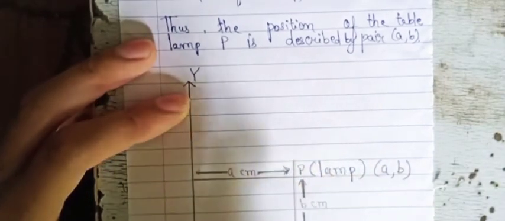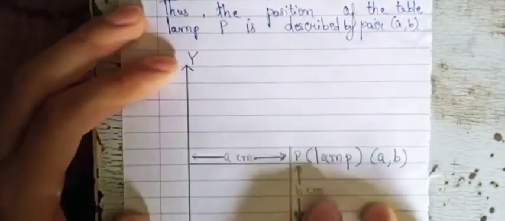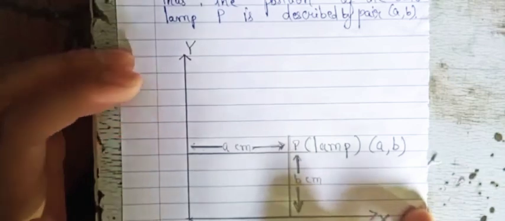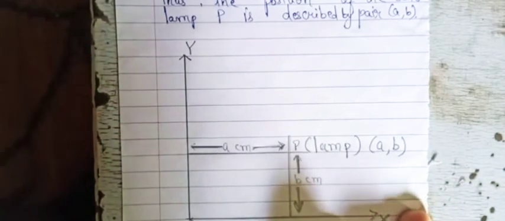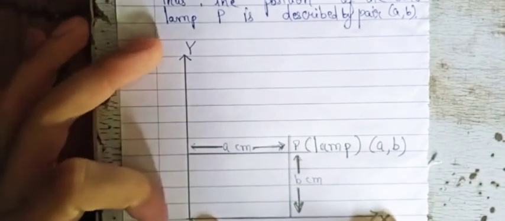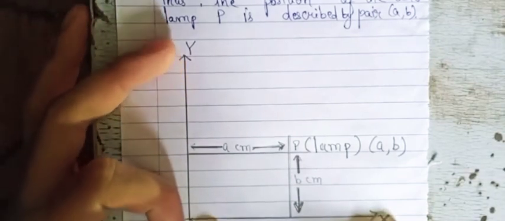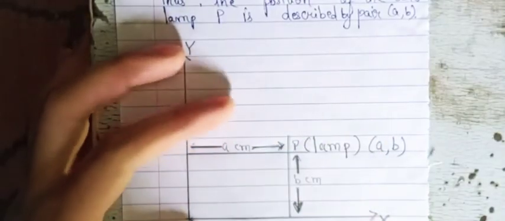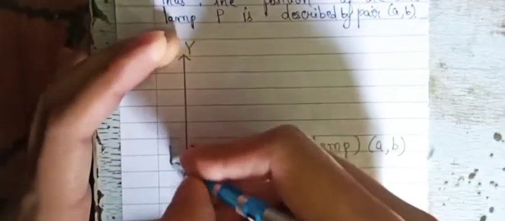So in this way we have described the position of the lamp with respect to another person. Or suppose you are sitting on the axis of OX, and some other person is sitting on the axis of OY on the table, and the lamp is kept here. So you are sitting at this point. Let us mark this point as Q, and I will mark this point as R. So your distance from the lamp is b centimeter.